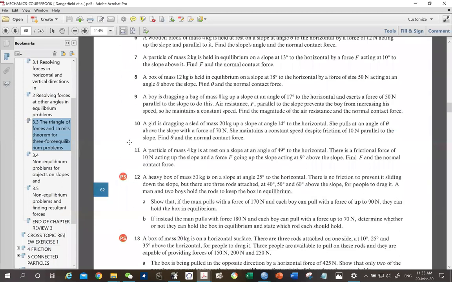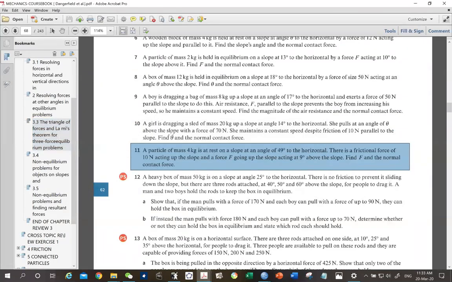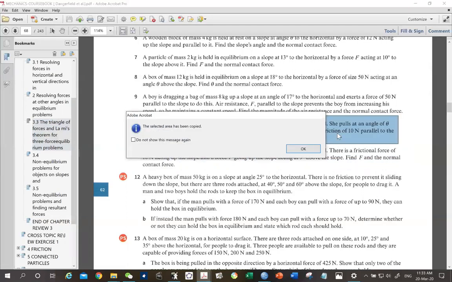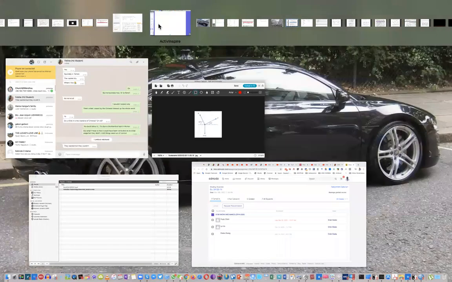You see, there are many problems on that inclined plane thing. I'll leave it for you guys to practice. Here is another one. Let me look at this one and see what it says.